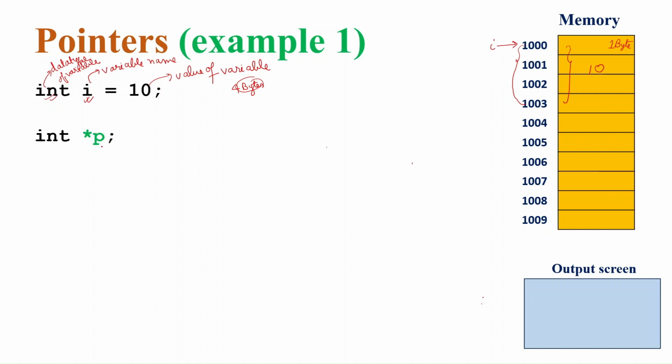Next is int star p. What is this p? Due to this star, we know that it is a pointer variable, which stores the address of any variable whose data type is integer. Since p is also a variable, it will also occupy some memory space.